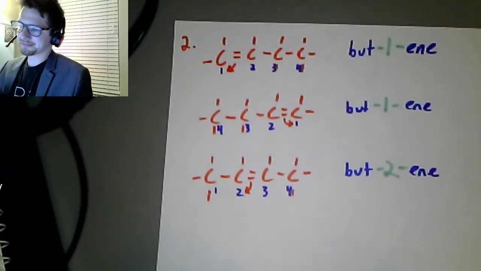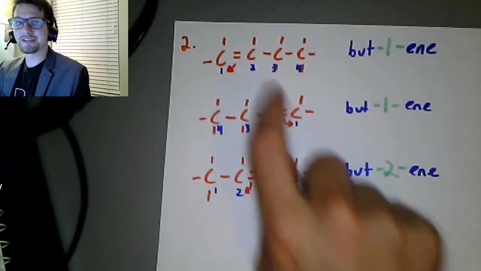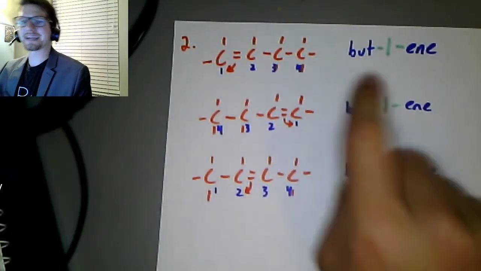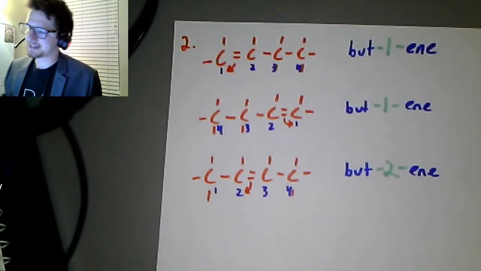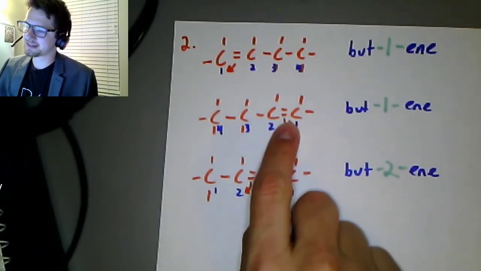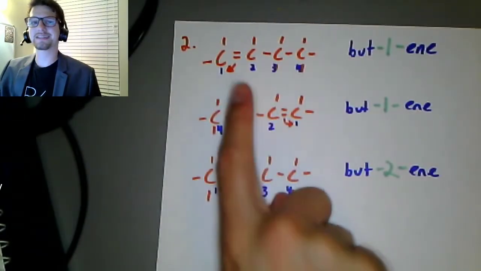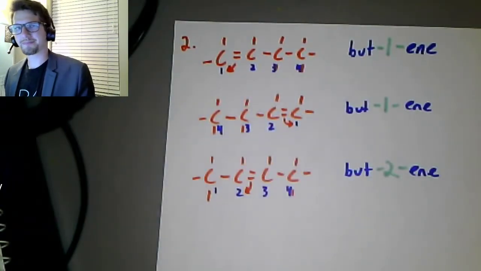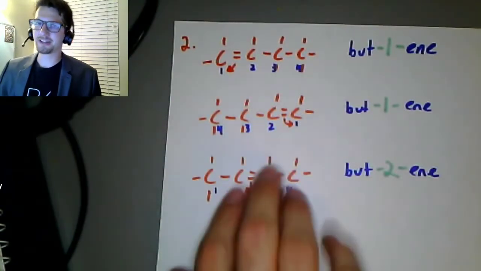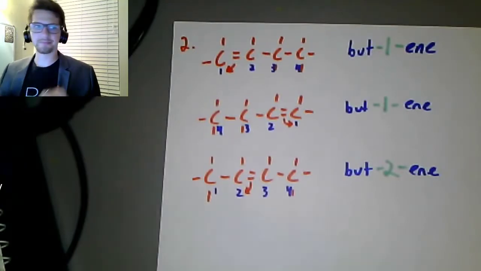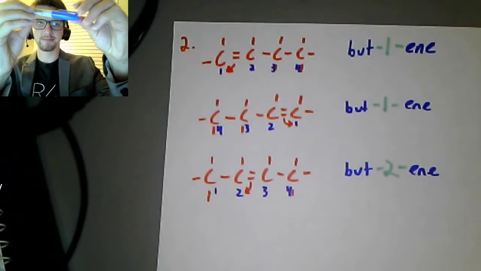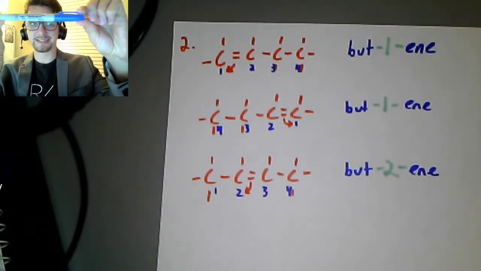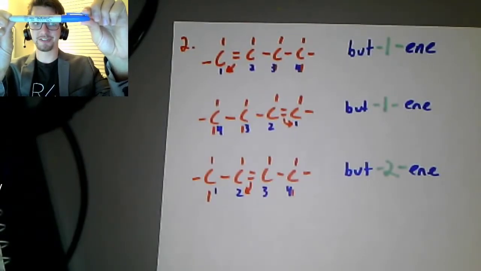Notice something interesting. These two looked different initially, but they end up with the exact same name. That's because just because the double bond is on the left or the right isn't changing the structure of the molecule. It's almost like if I showed you this Sharpie and then I did this, is it now something different or is it still a Sharpie?